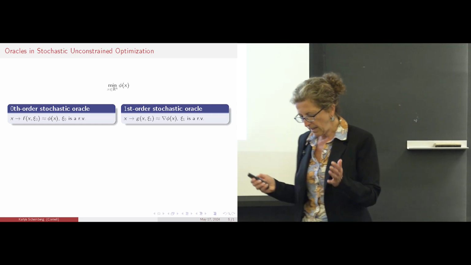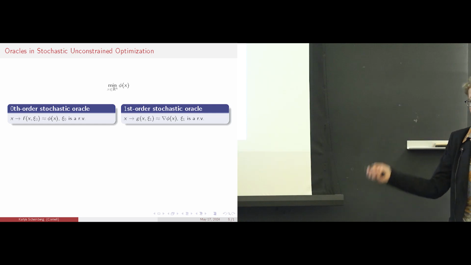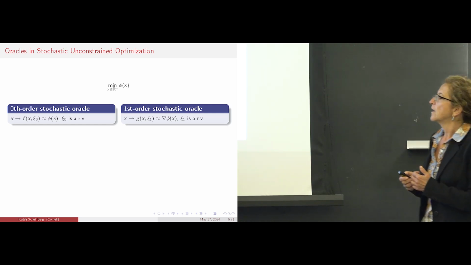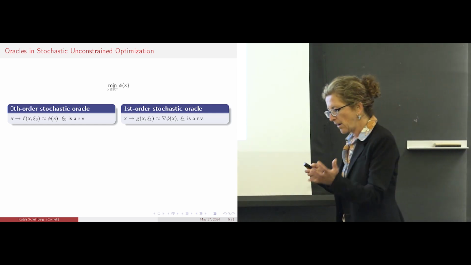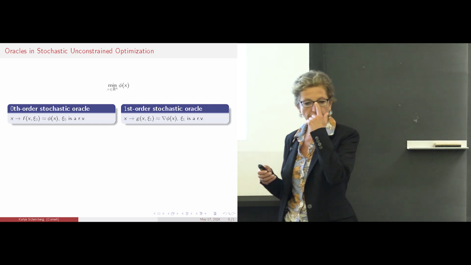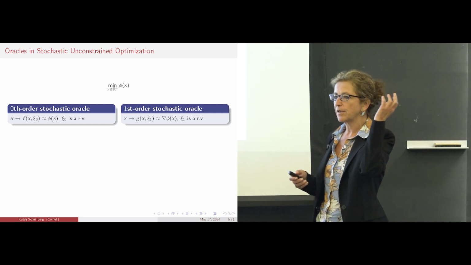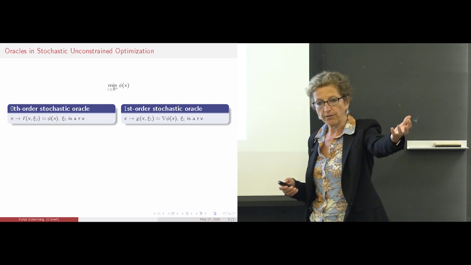What happens now in the stochastic world? So now, due to machine learning and all kinds of other applications, more often than not, we have some stochastic information about the function and not deterministic information. So what does it mean? It means that instead of computing the function value, I compute some sort of a value, right? My oracle.